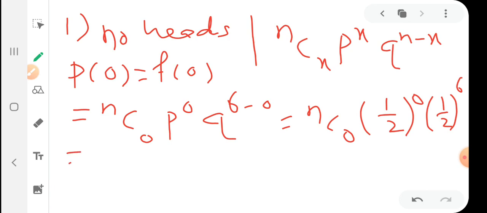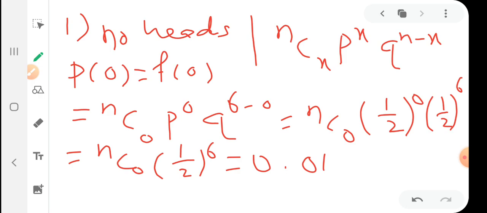Means nC0 into 1 by 2 raised to 6, and just simplify this on your calculator. What will you get? You may get the answer 0.0156. I kept n as it is, put 6 there, 6C0, and do your calculation. The answer is 0.0156.